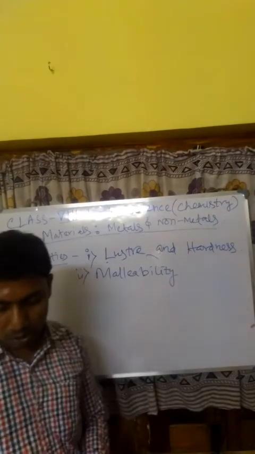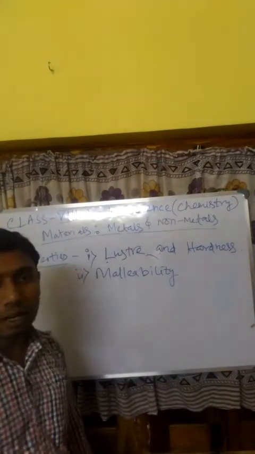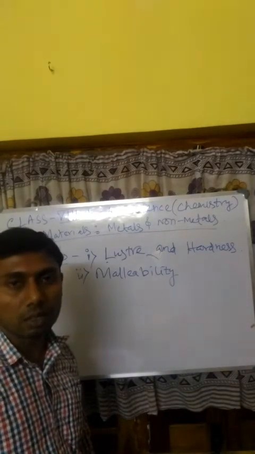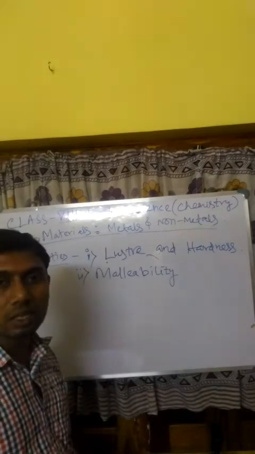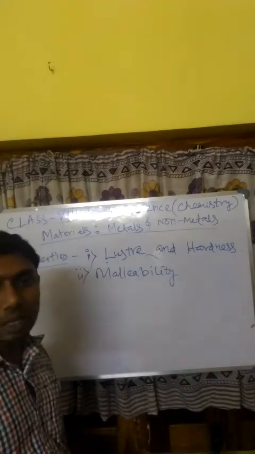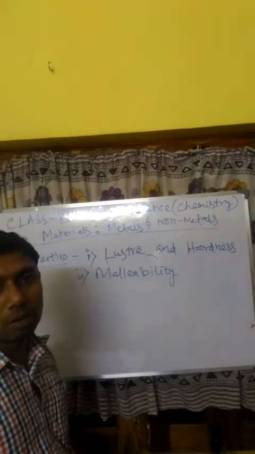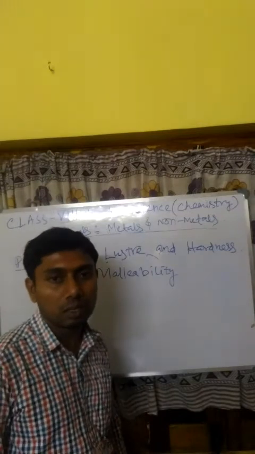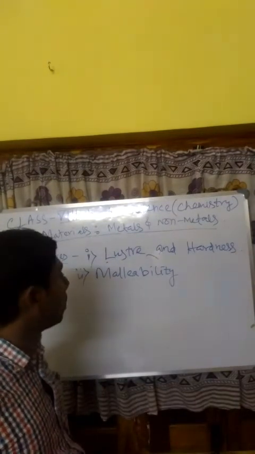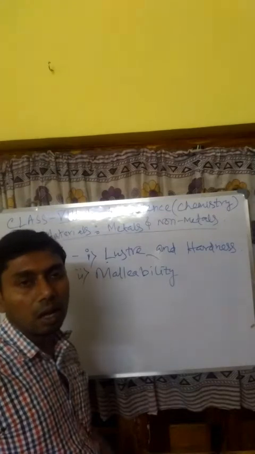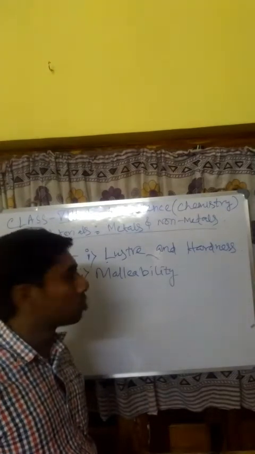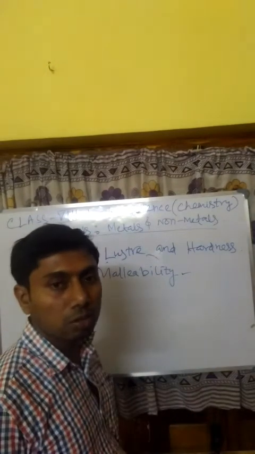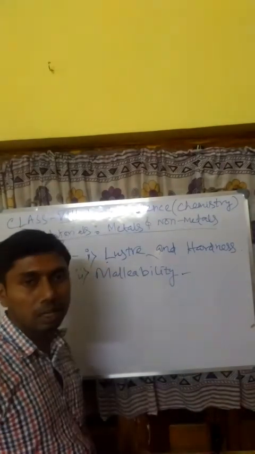Metals are melted by increasing the temperature, but non-metals are generally non-malleable, and they require a huge amount of heat, whereas for metals it is lower than for non-metals. So metals are easily malleable, but non-metals are not.